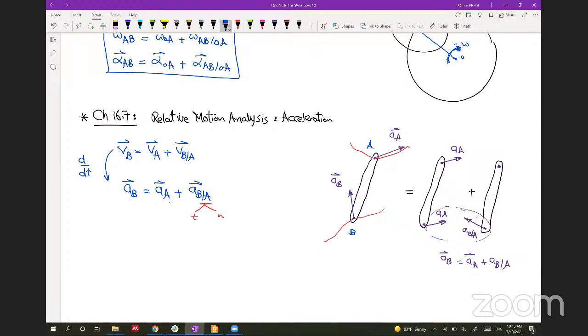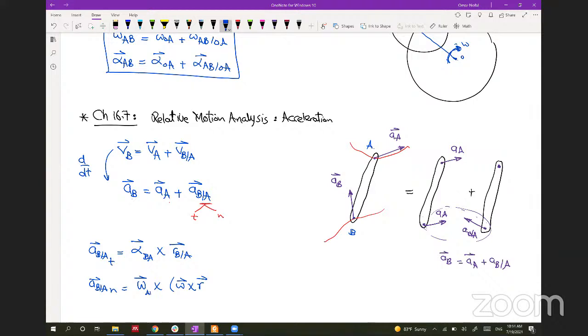We did it before and proved that the acceleration in the tangential direction for any member, for example B with respect to A, will be the alpha of member BA cross product with R of B with respect to A. And AB with respect to A normal will be equal to omega crossed by omega crossed by R.